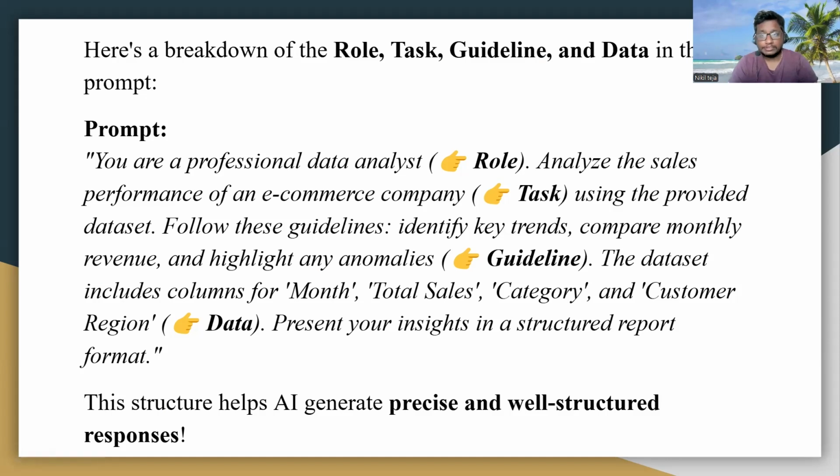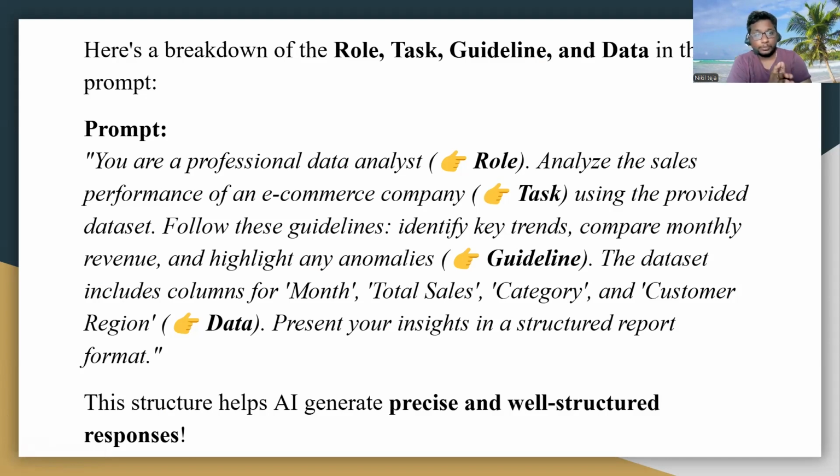Now you will be giving the instructions and guidelines using the provided data set. You will be giving a data set. Follow these guidelines. What are the guidelines? Identify key trends. Compare monthly revenue. Highlight any anomalies. Anomalies is nothing but duplicates.